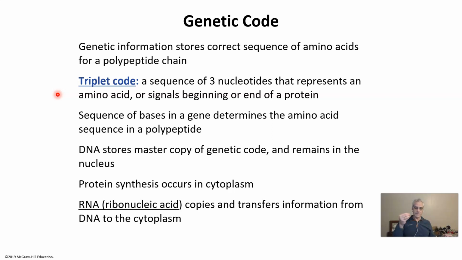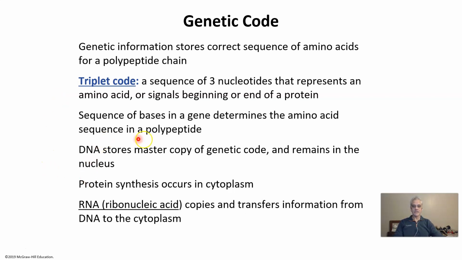If you have 100 amino acids all strung together, that's my polypeptide. That means I had to have a gene on the DNA that was 300 bases long, because 3 bases in a row coded for 1 amino acid, and the next 3 for the next amino acid. So if I have 100 amino acids, I have to have 3 times as many bases. It's just simple math. 300 bases gives me 100 amino acids in a sequence.